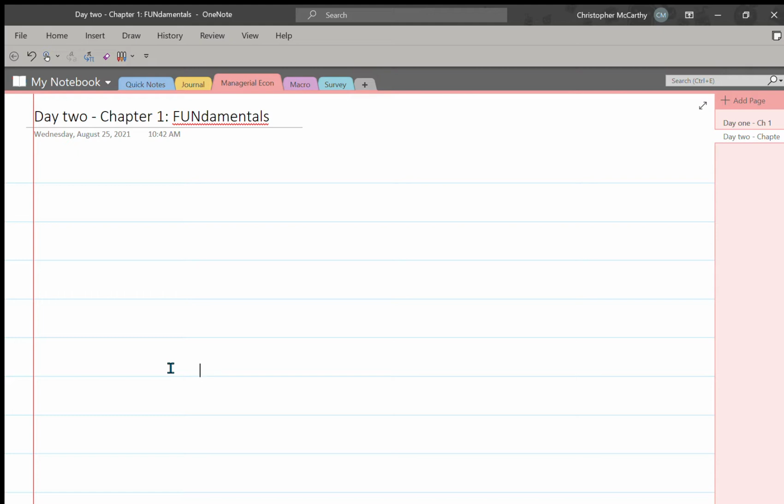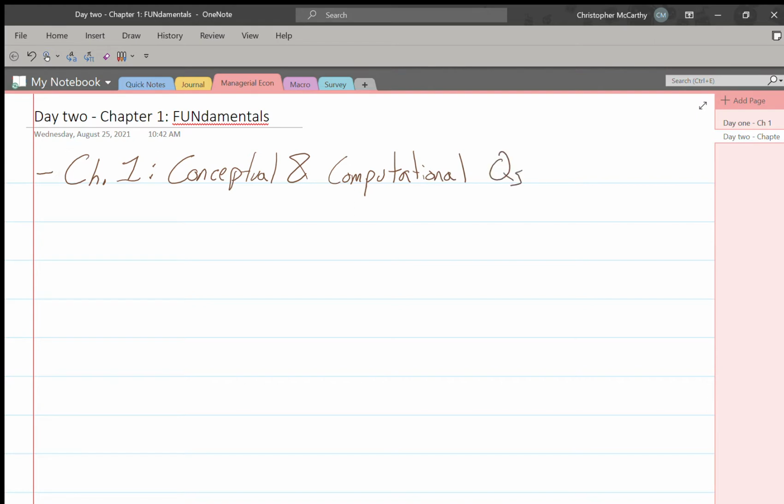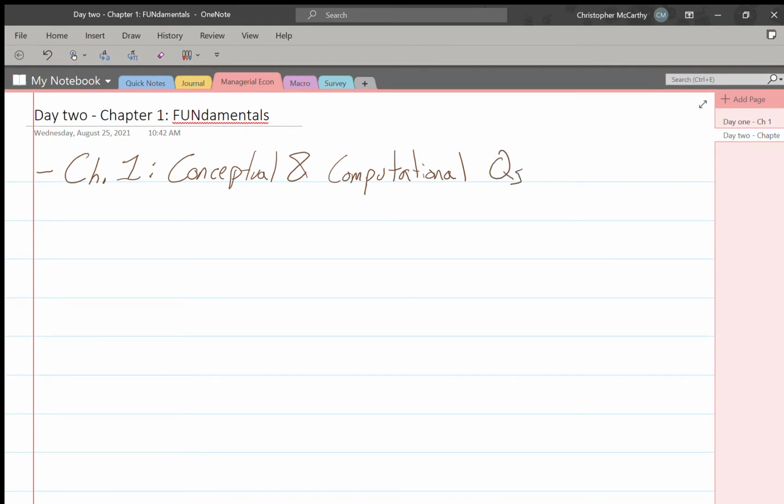This is 8 from your book, in the conceptual and computational questions section in chapter 1. And we're going to be solving number 8.